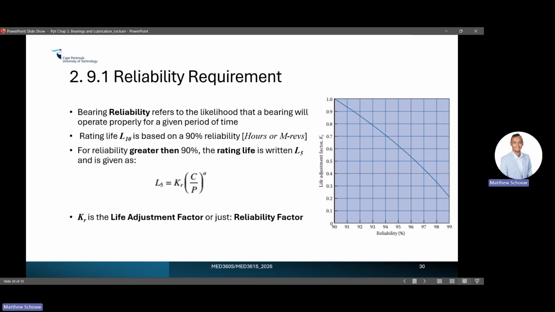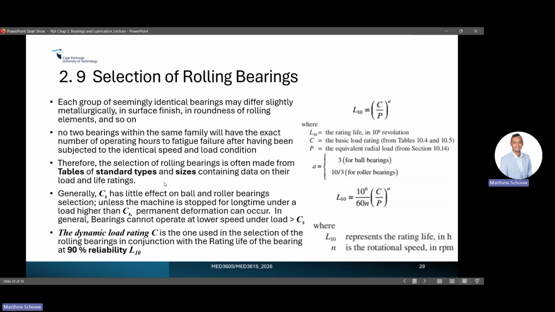And they're saying bearing reliability is basically the likelihood of a bearing to operate properly for a given period of time. It's on the chart over here. As you can see, reliability is fairly high, and then there's the life adjustment factor. So one must be cautious of the R5 and R10 rating life.